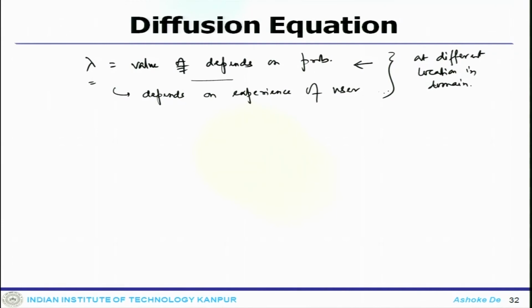That is also possible, and lambda can also vary from iteration to iteration, that means from one physical time step to another one can vary lambda to promote better convergence or stability, and also use different values of lambda at different locations in the domain.